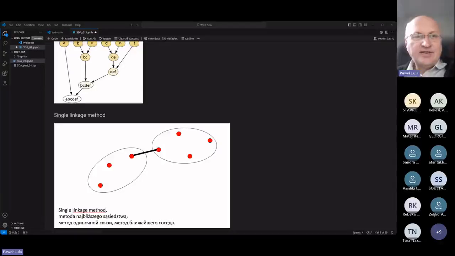Okay, I think that we can start the second part of our meeting. Now I'm going to show you the methods of cluster analysis which are the most popular. First, I'm going to talk about some agglomerative methods.